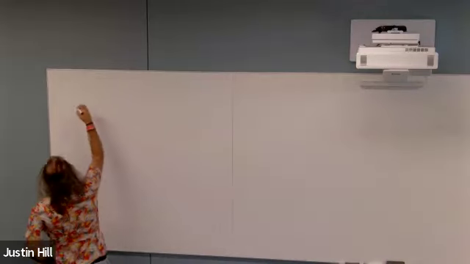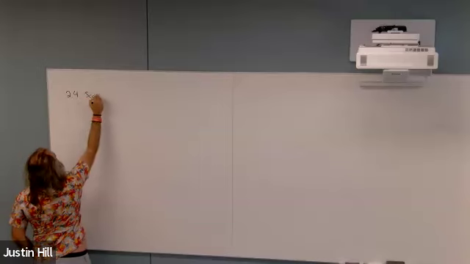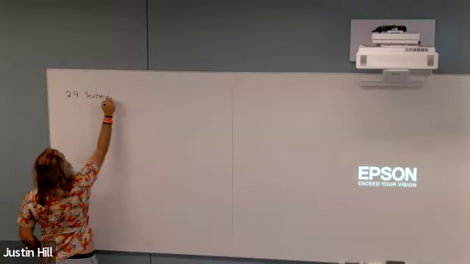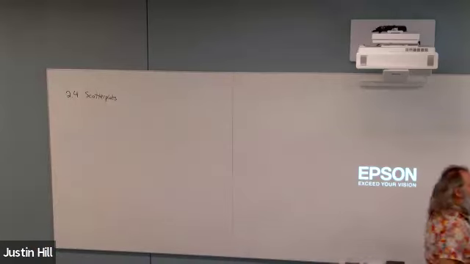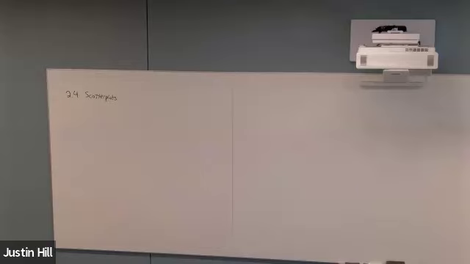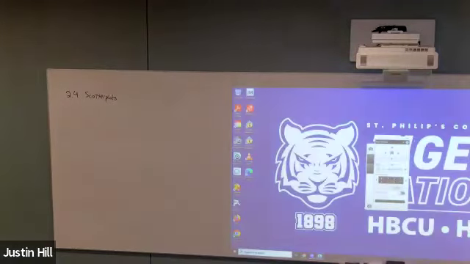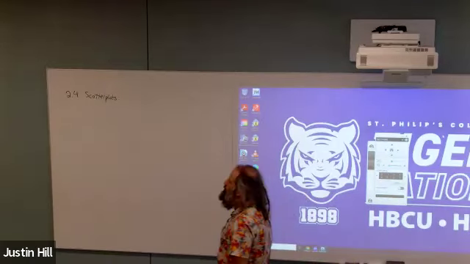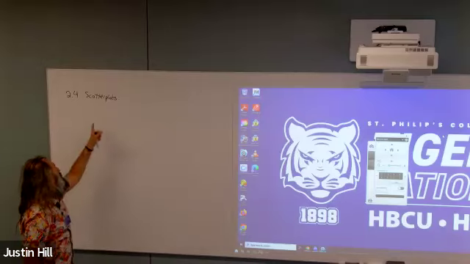This is 2.4 about scatter plots. Actually, before I even show you anything, before I grab a problem from the book, you've likely seen scatter plots before. So even if you haven't, just think about the word.